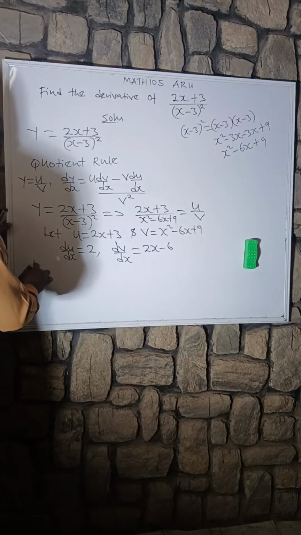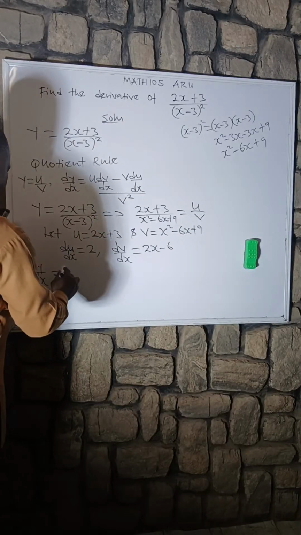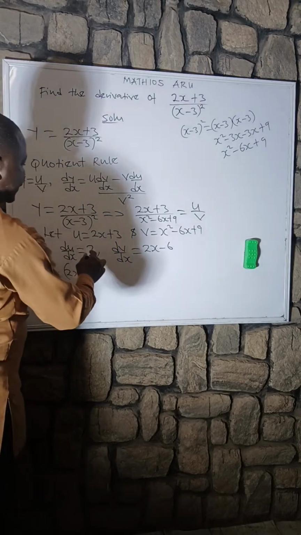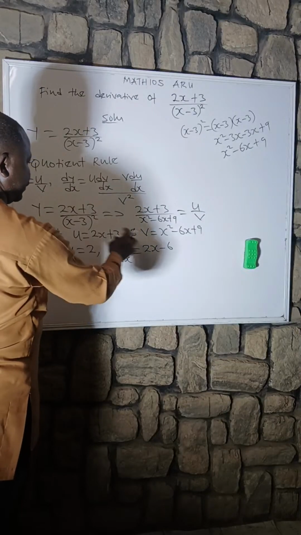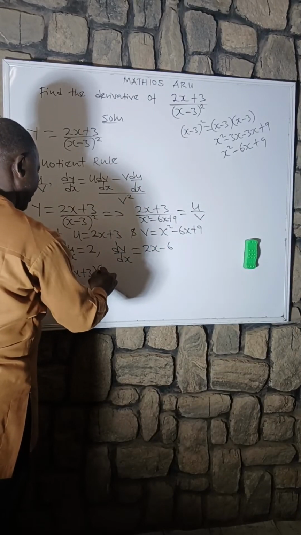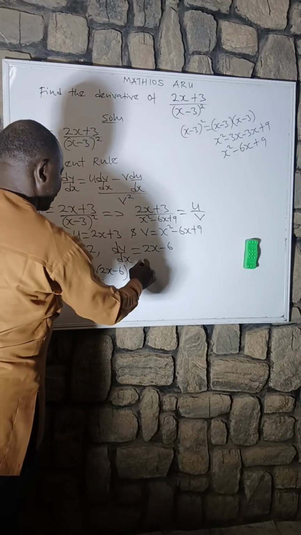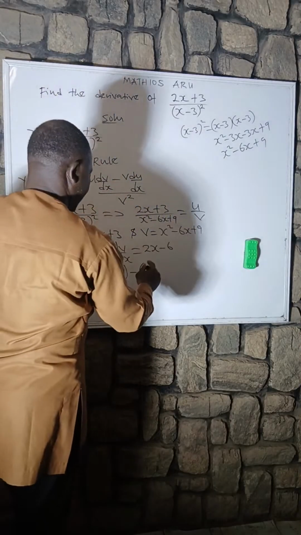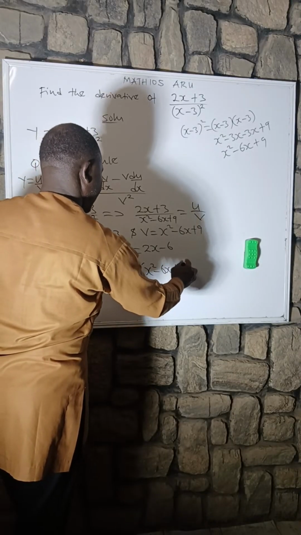Therefore, dy over dx is equal to, what is our ordinary u? Ordinary u is 2x plus 3. Then what is your ordinary v? The dv over dx is 2x minus 6, so this times 2x minus 6. Then minus open brackets, ordinary v is this, x squared minus 6x plus 9, times du over dx, which is 2.